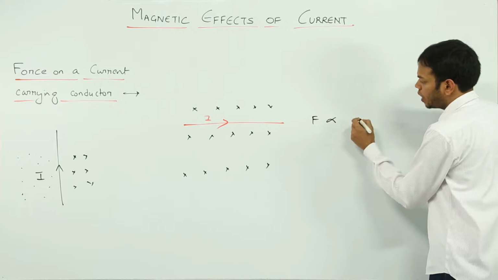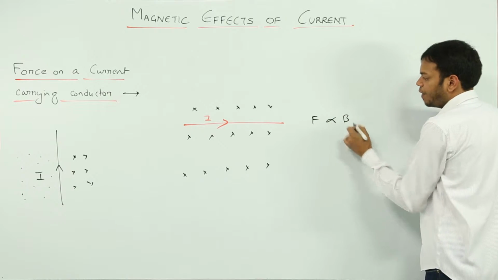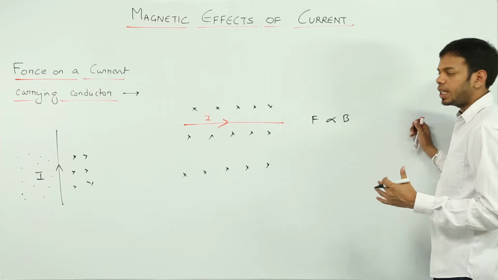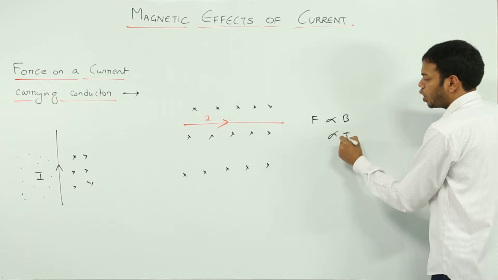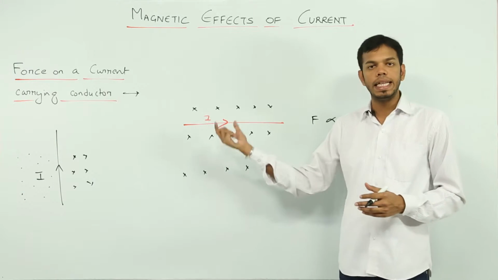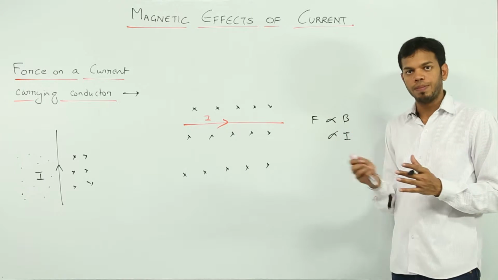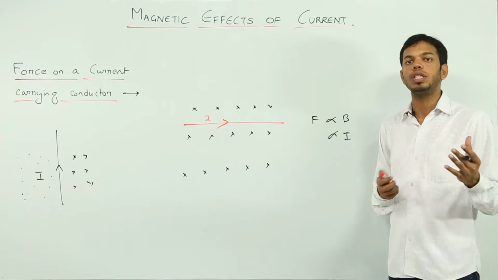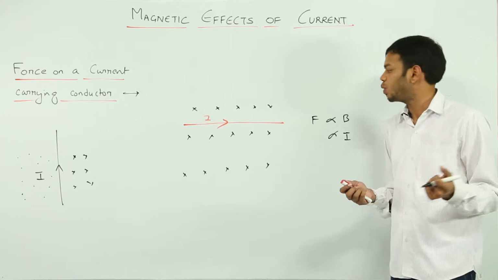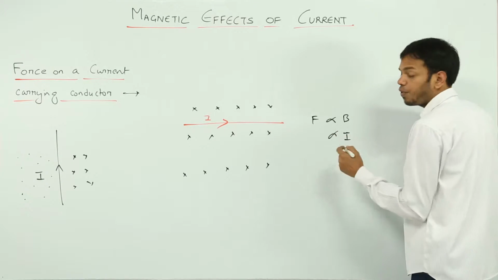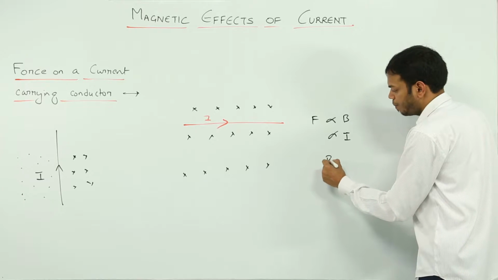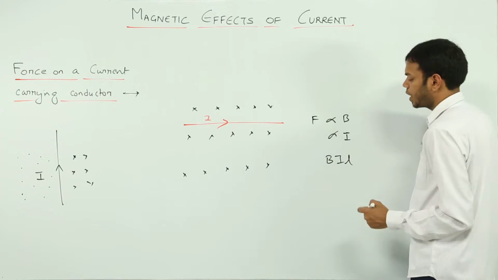This force depends on the strength of the magnetic field present in this region, and is also proportional to the amount of current flowing in this conductor, right? I'm not going to give you the full formula because it is not in your syllabus yet. You will be studying it in +2. Otherwise the formula is BIL: magnetic field, current and length of the conductor placed.